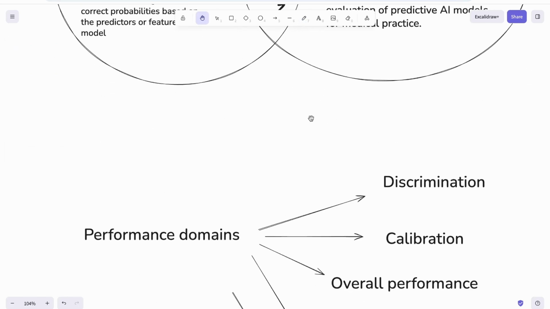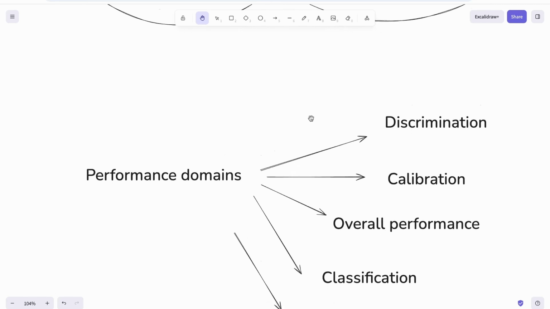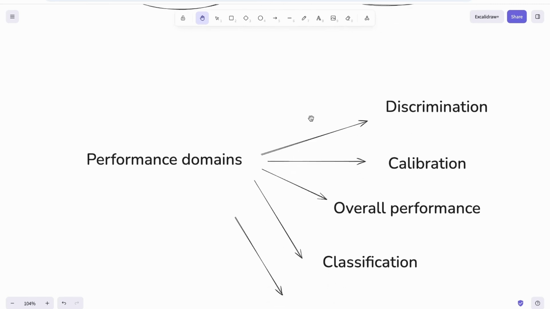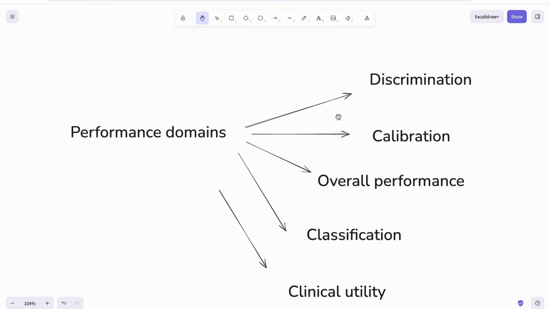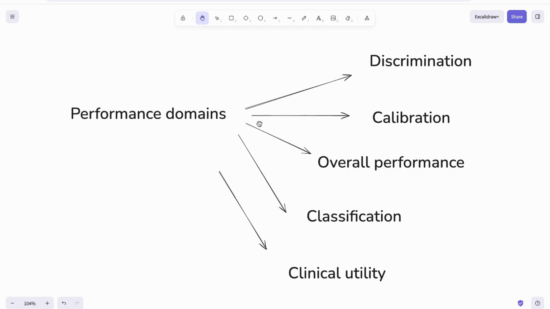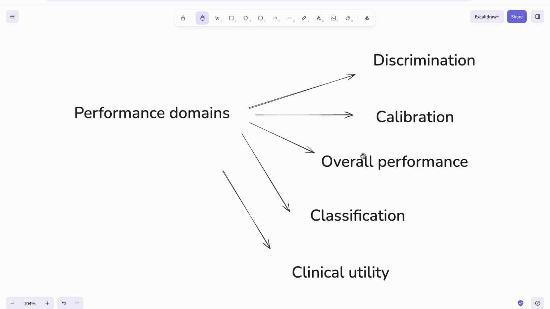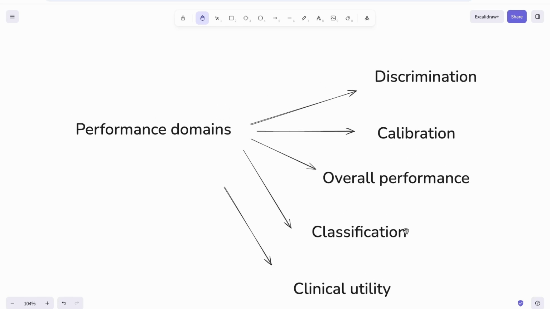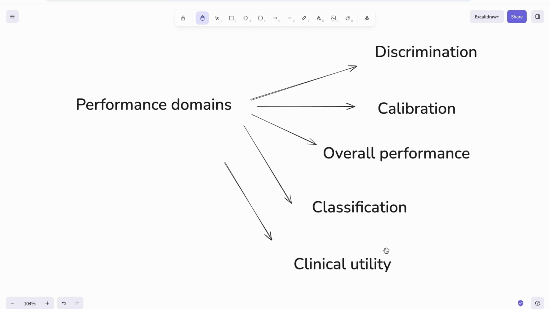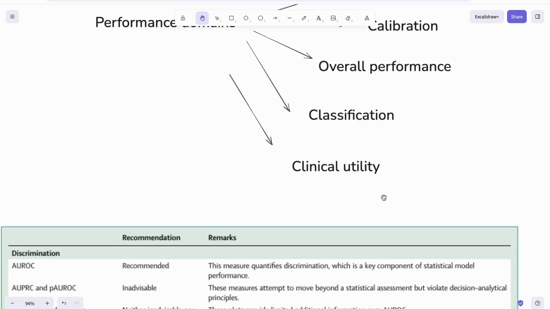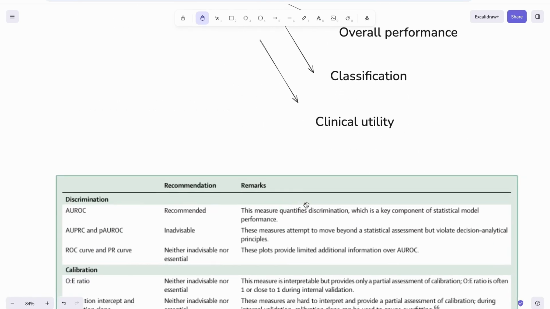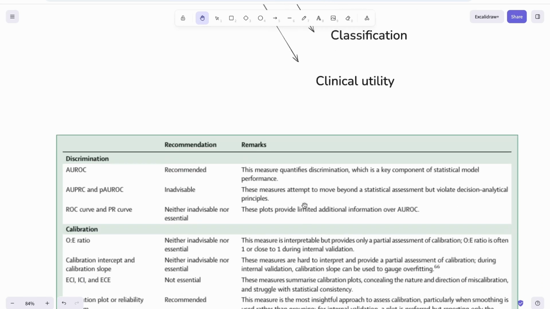Right. So they also suggest that the current evaluation metrics could be categorized in 5 domains. The paper referred to them as performance domains. One, discrimination. Second is calibration, then overall performance, classification, and clinical utility. So they provide a table summary of the measures that they evaluated.